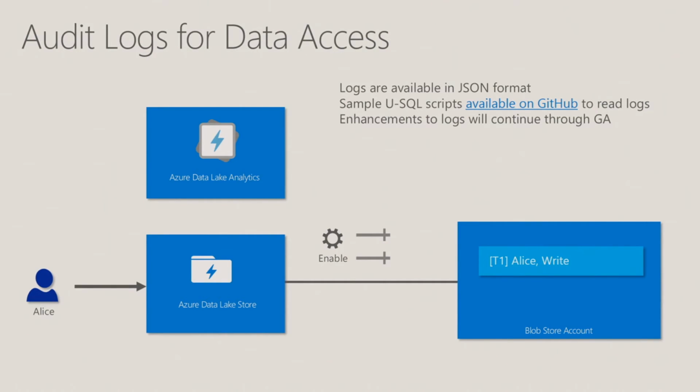In the first example, Alice is trying to access Data Lake Store and read a file out of it. If audit logs are enabled, which is not turned on by default, you have to turn it on, then an audit log will be created which shows that Alice performed a read operation. In the other case, Bob is running a U-SQL job in Azure Data Lake Analytics, which indirectly causes a read operation from the store, and that also triggers an audit log which says that Bob performed a read transaction on the store.